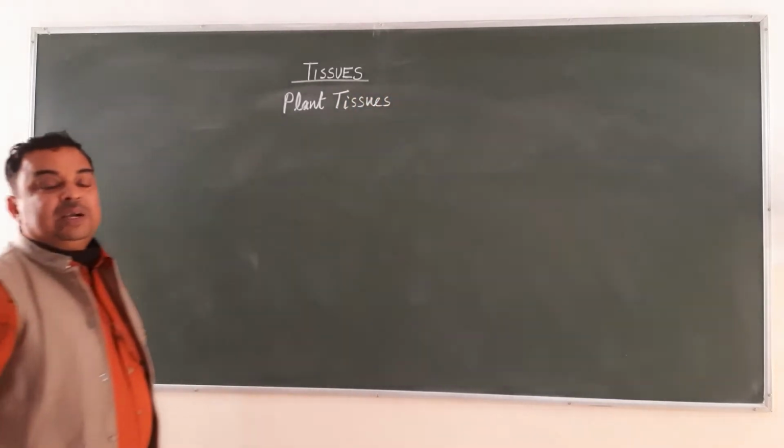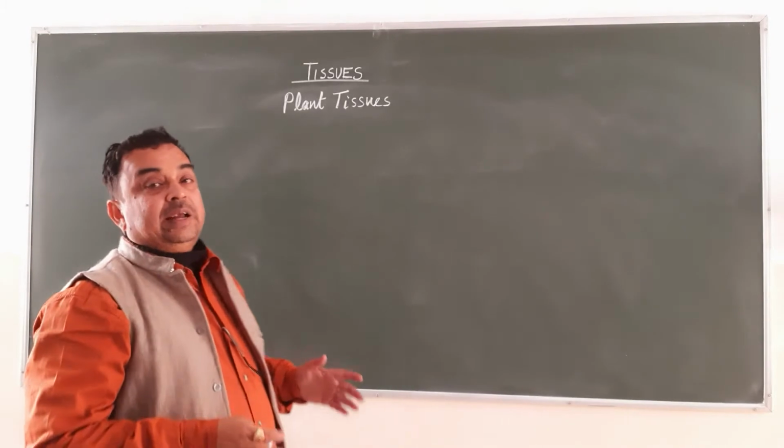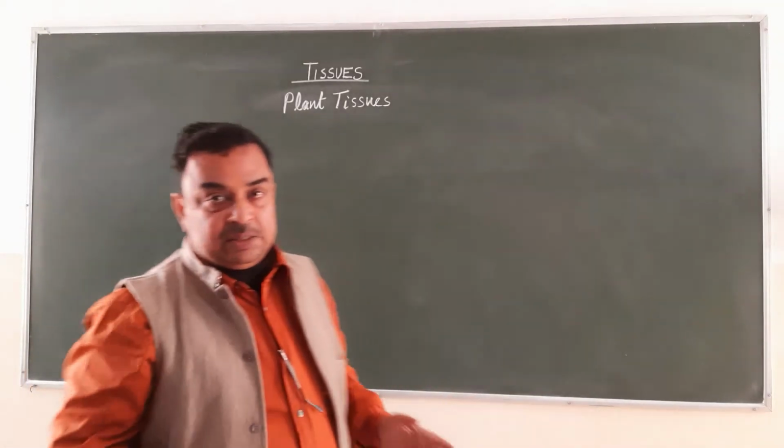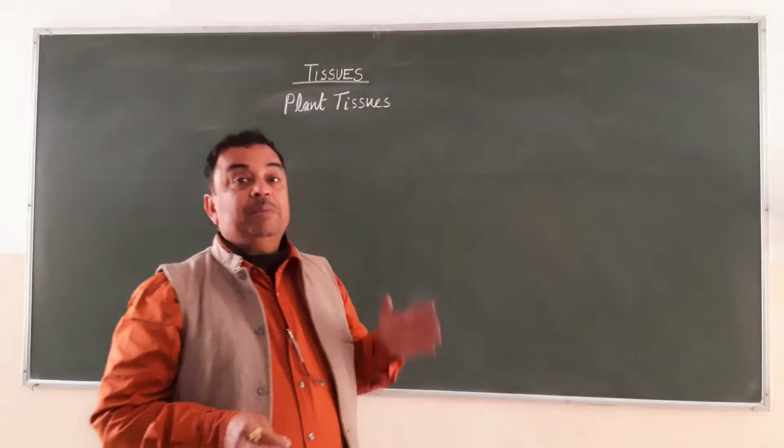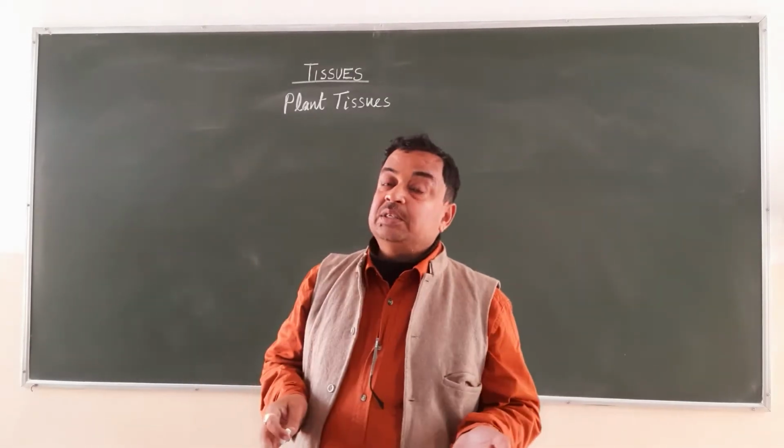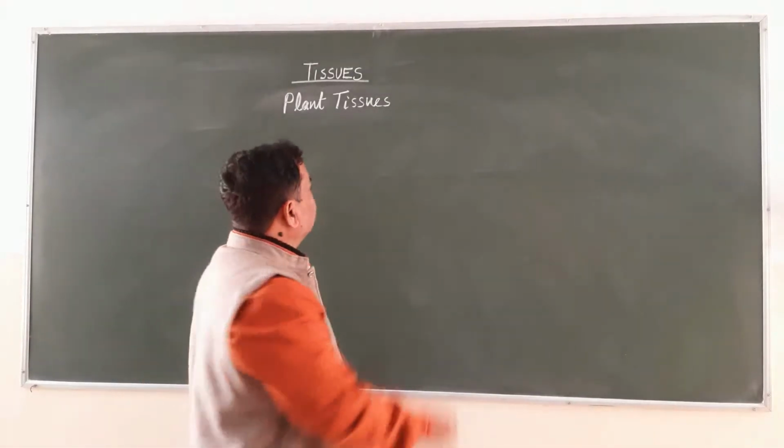Fine. Now plant tissues are first categorized into two main categories. One is the meristematic tissue, another one is the permanent tissue. Okay.